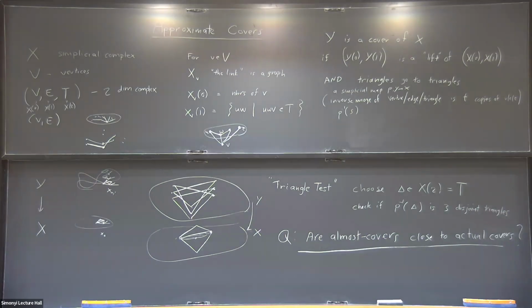Is it regular or something? Since I'm already forcing the map to be a T cover, T can be N, but the only game is in the triangles. Yeah, let's count triangles.